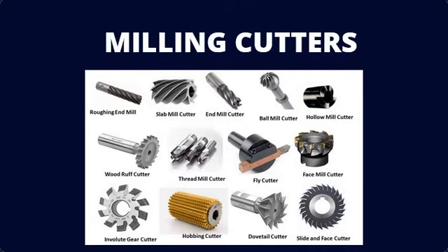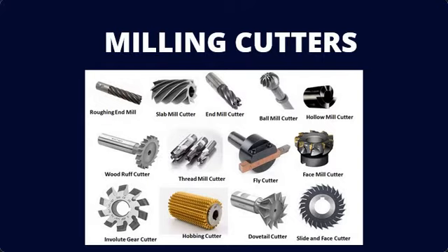We have here milling cutters. Milling cutters are usually made of high-speed steel, carbide tip, and nowadays insert cutting tools, and are available in a great variety of shapes and sizes for various purposes.